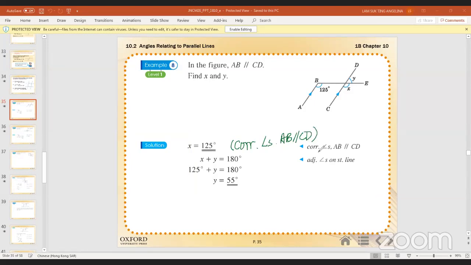Now, the case is that your book is printed, and of course they need to make it more beautiful or nice. That's why your textbook uses this kind of symbol.